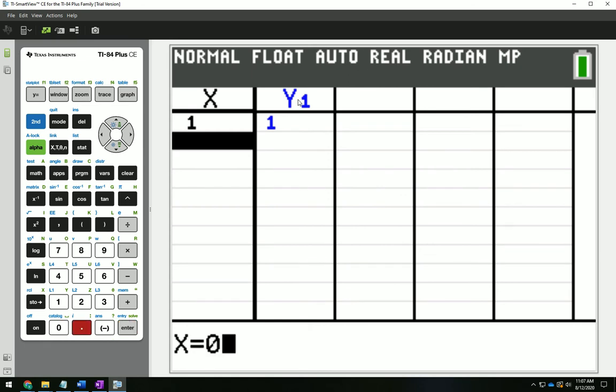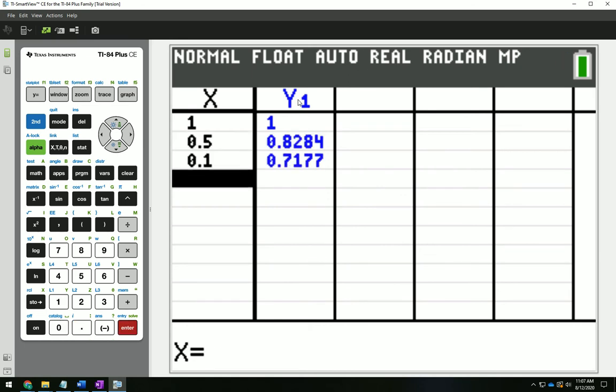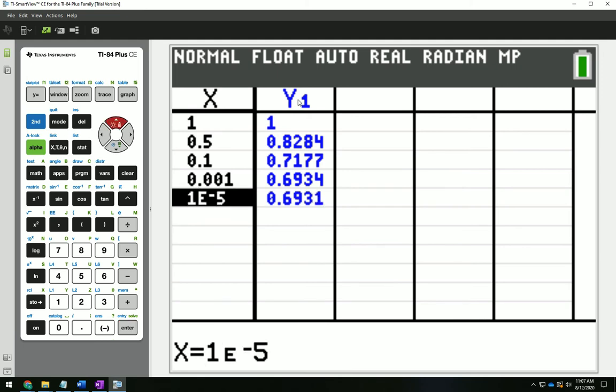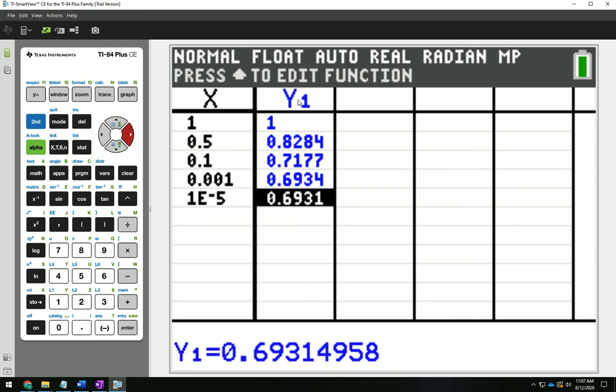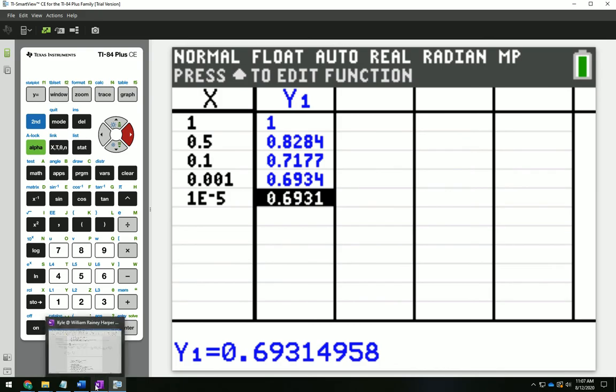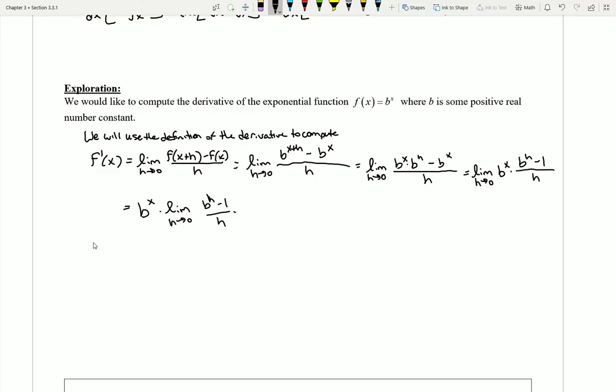So if I type in stuff like 0.5 or 0.1 or 0.001, I can start to see that this value gets really, really close to something like 0.693. Okay, so maybe I'll record this down. I'll say that we see that computing the limit of b to the h minus 1 over h as h goes to 0 is difficult.